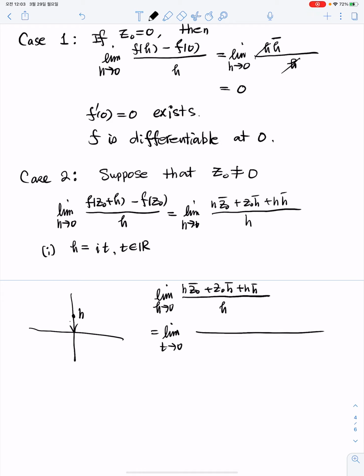Plugging in it instead of h, we have x0 minus i y0, and then x0 plus i y0, and h conjugate is minus it, so we get plus t squared.